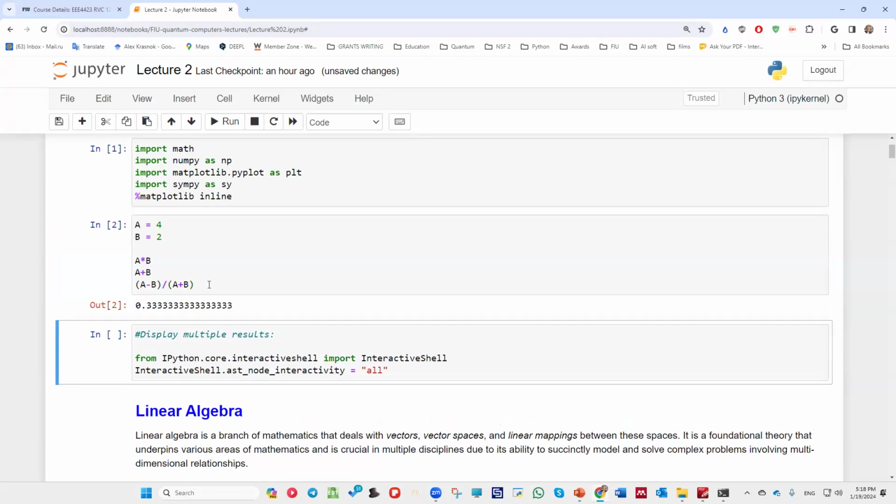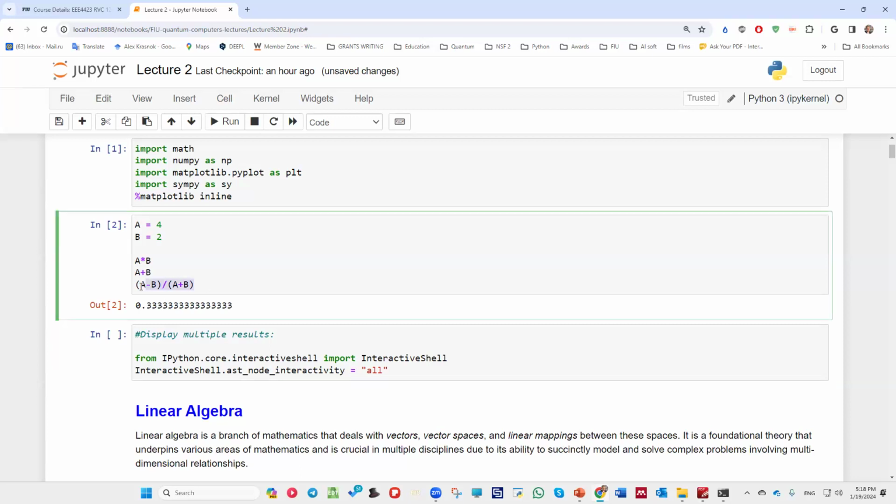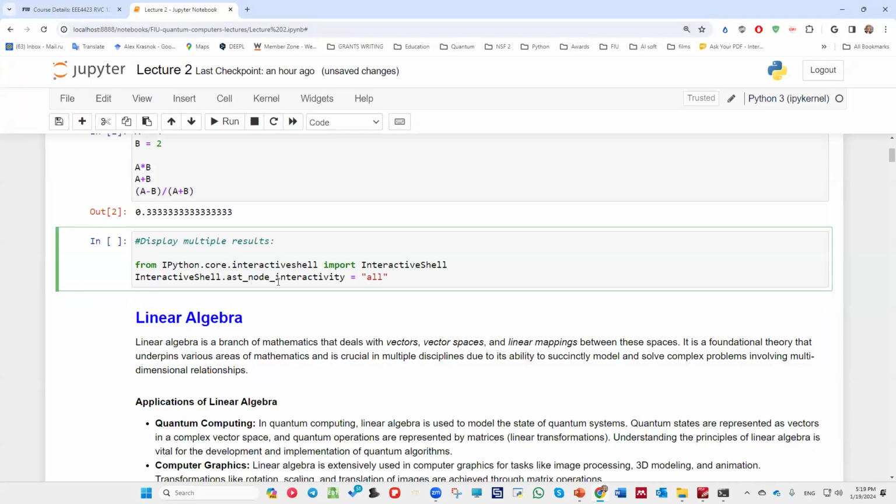However, when I run this cell, I'll get only one answer, which is the answer to the very last line here. But usually I want to get the answer to all these requests. To do so, I need to import from this interactive shell of Python this line which says that I need to show all the outputs.